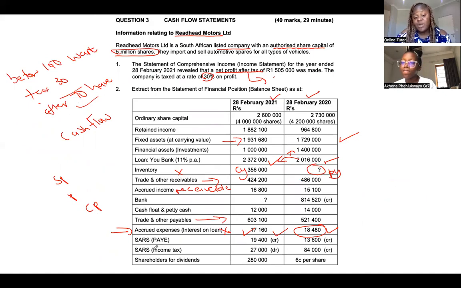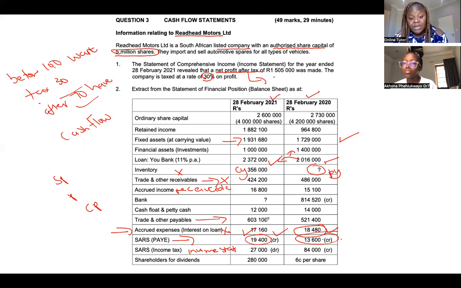It's liabilities, right? The only other one is this, because you agree with me that this one is actually income statement. Yes, the income statement. So we want this then because this is the only liability. And they're both credits, not debits. Be careful, if it was debits, we would have included it as part of trade and other receivables because it would have meant that SARS owes us. But if it's in credit, it means that we owe SARS, right?